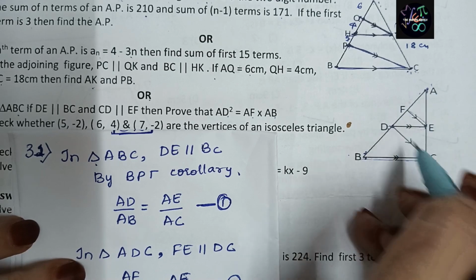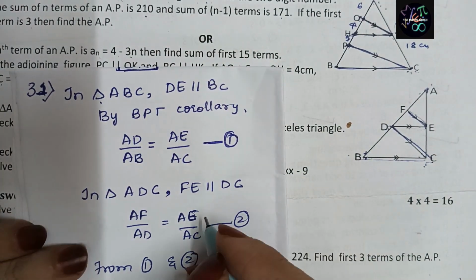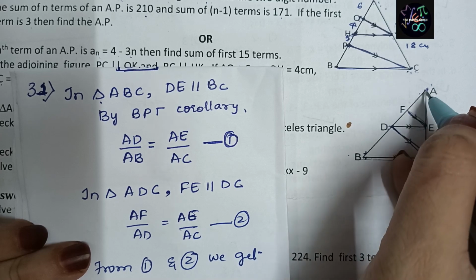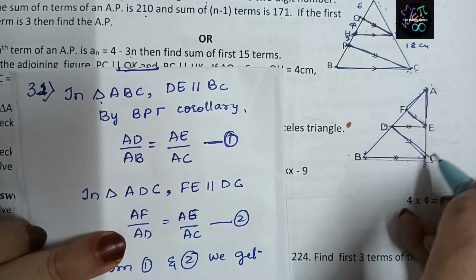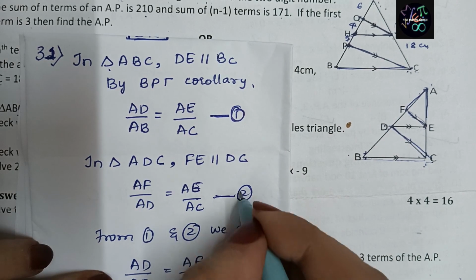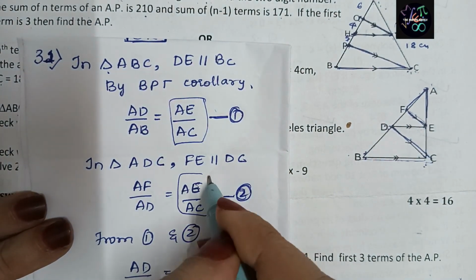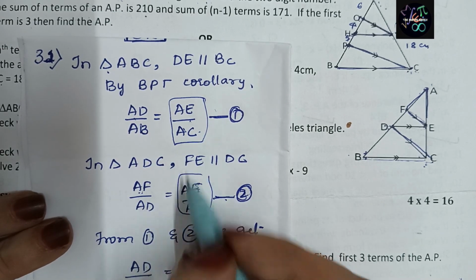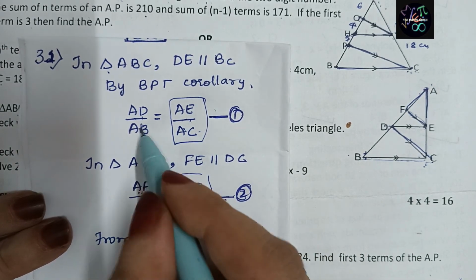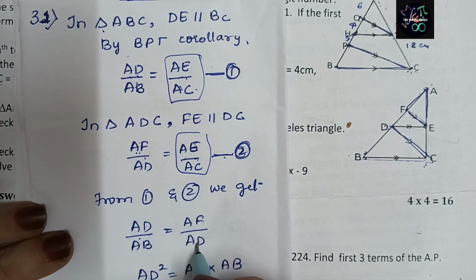In triangle ADC, FE is parallel to CD. Same thing, by corollary, AF by AD equals AE by AC, so equation 2. Now from 1 and 2, things which are equal to the same thing are equal to one another. Therefore, AD upon AB is equal to AF by AD.